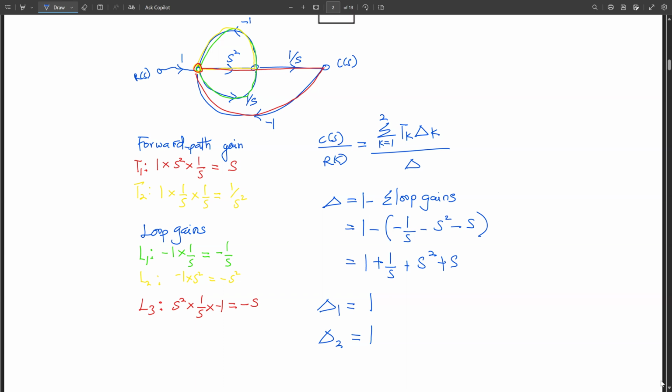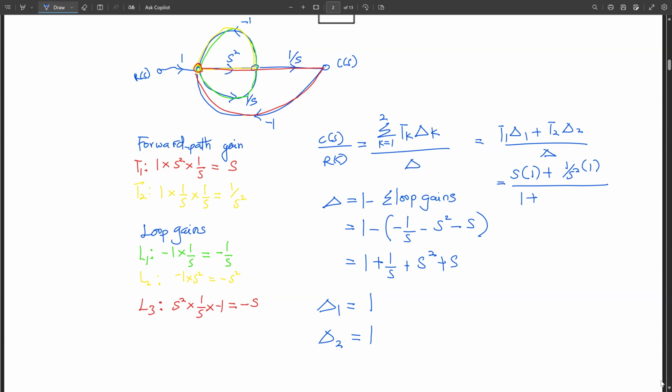Squared. Okay. So I can see that T sub delta 1 plus T2 delta 2 all over delta. So T1 is what we found here to be S multiplied by 1, plus T2, which is minus 1 over S squared multiplied by 1, all over the delta, which is what we found here.